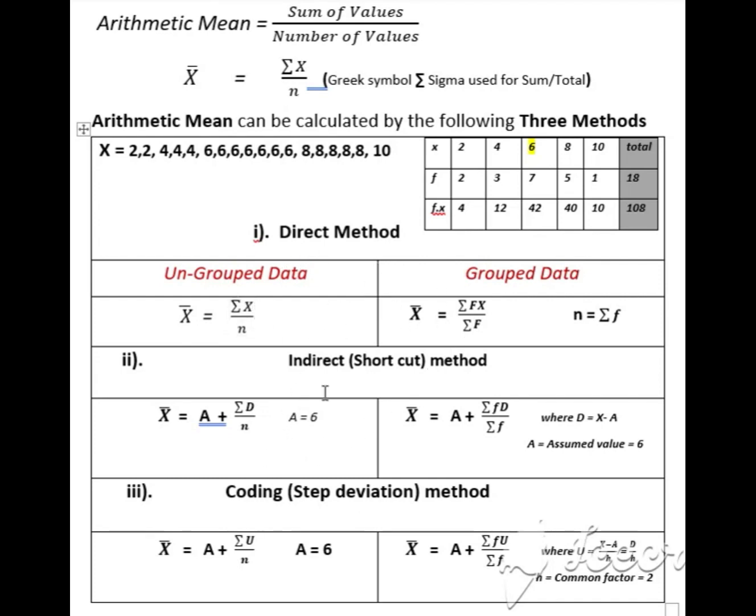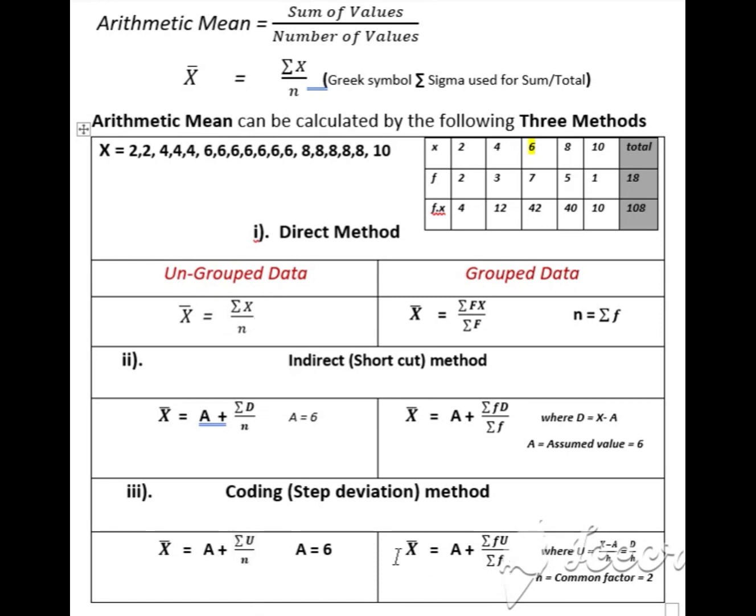For the indirect method you always use capital D instead of capital X, so in both formulas there is capital D. For the coding method you use capital U instead of capital X, so in both formulas there is capital U.